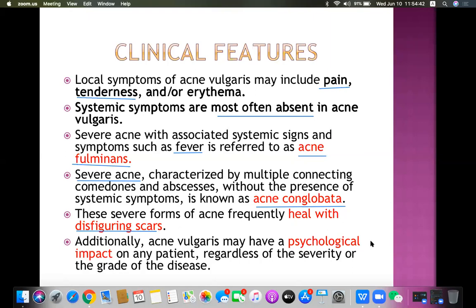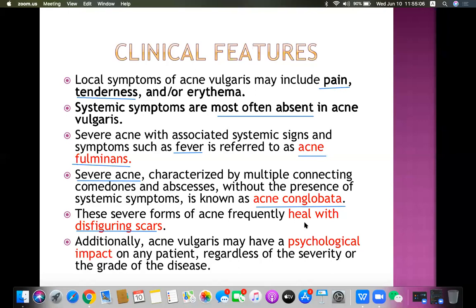So if they develop a bad type of acne on their face, the overall self-esteem and self-confidence go down. That person probably doesn't want to go in front of their friends. He or she may think, what do other people think about me? So overall self-confidence may be low because of this effect.